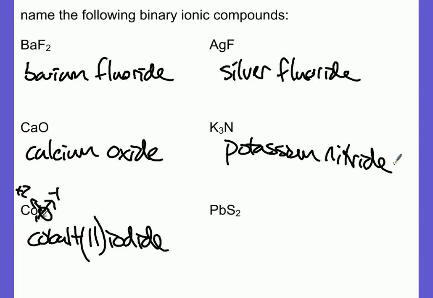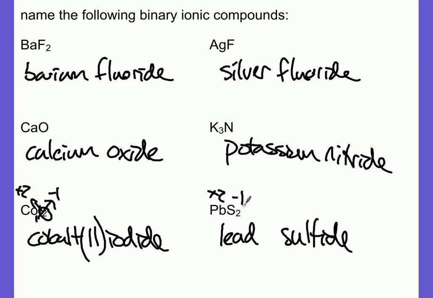Last one down here. I know that that's a lead sulfide. But again, I have to figure out which lead it is, because you just have to know when you hit iron, lead, tin, cobalt, copper, mercury, there's always 2 options. So you have to check to make sure. If I move this 2 up, it could be lead 2, but then remember I told you to check every time. I'd also have to assume that sulfide had a -1 charge, and that's not true.